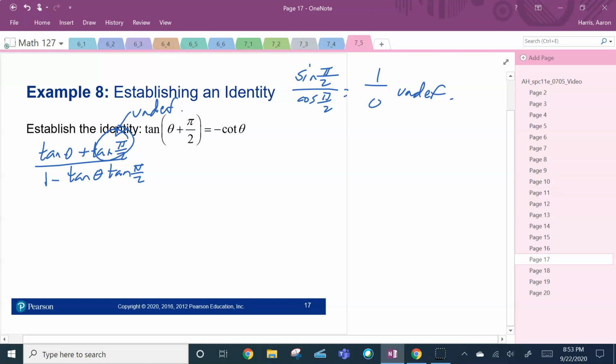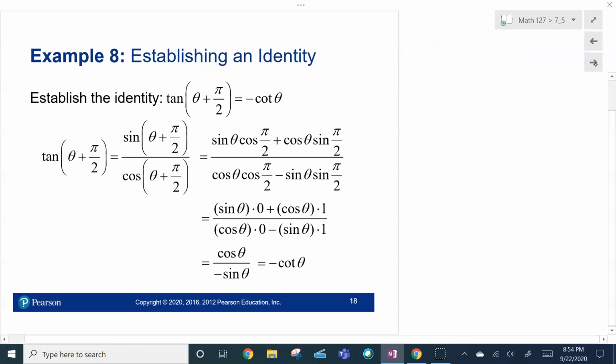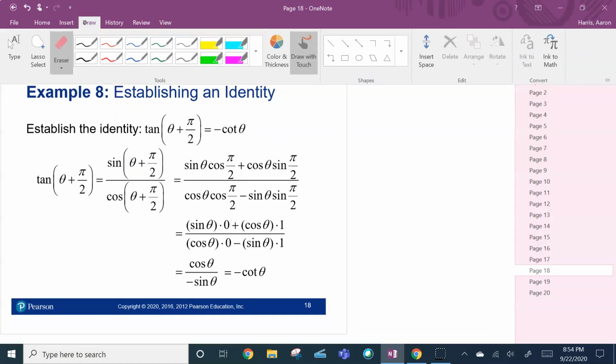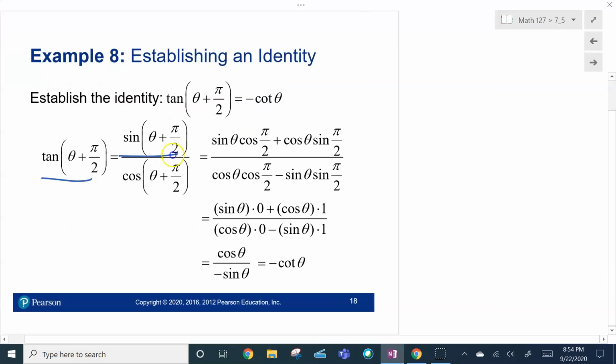So what I'm going to do instead is just keep going here. I'm going to use the fact that the tangent is the sine over the cosine, right? And then I'm going to expand sine of theta plus pi halves, and then expand cosine of theta plus pi halves. So there they are expanded.